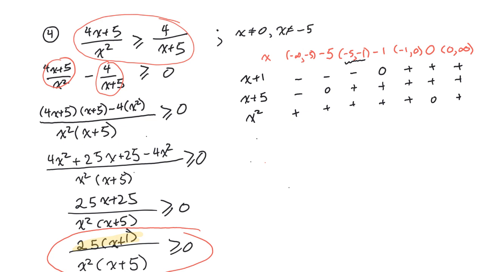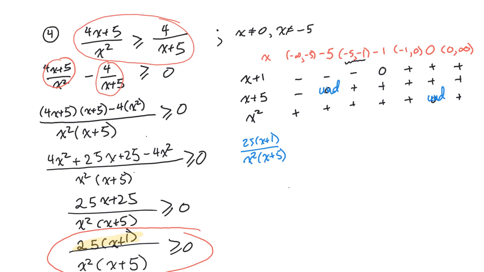Now, really, what we should say is, for our combined function here, x plus 5 is actually undefined, and x squared is also undefined at 0. So now when we combine all of these things into our final calculation, we have 25 times x plus 1 over x squared times x plus 5.